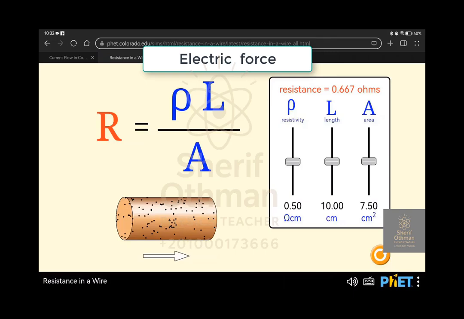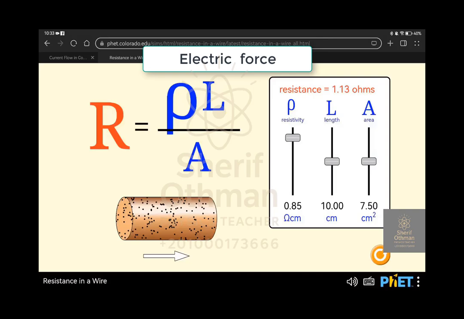And as we said, guys, the amount of resistance depends on three physical terms. One of them is the length of the conductor, L, and the other one is A, the area of the conductor, and the third one is the material itself, which is the ability of the conductor to transfer the electric current.